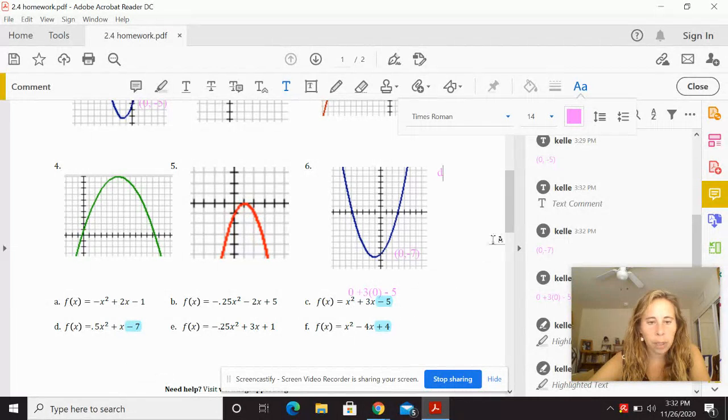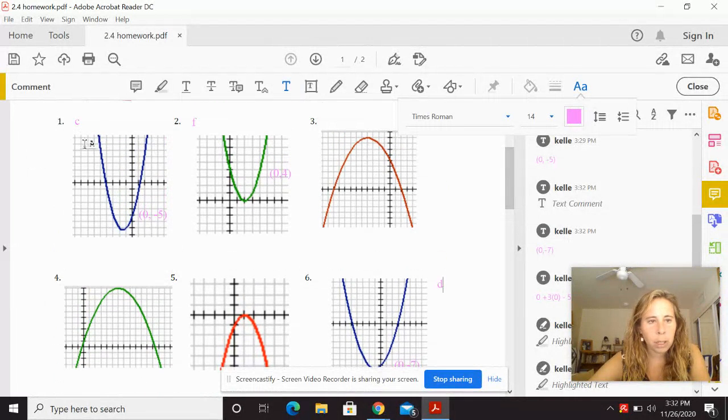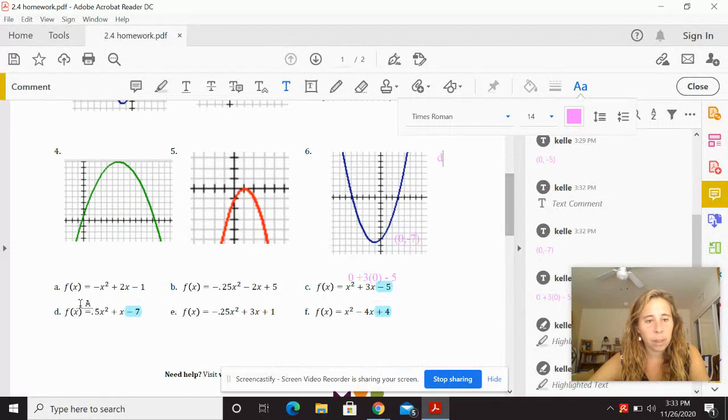C and F are also positive because there's a positive term in front of the x squared. There's no negative in front of the x squared. On the other hand, 3, 4, and 5 are all facing down. That means there's a negative in front of the x squared when you look at your equation. Negative, negative, negative, they're all opening down because of that negative sign.